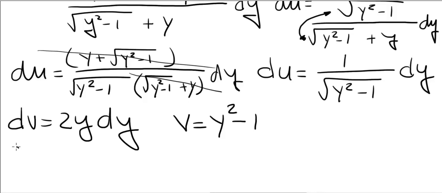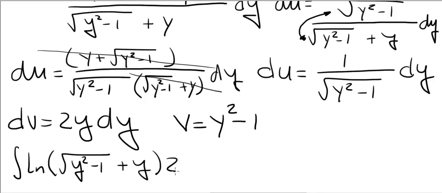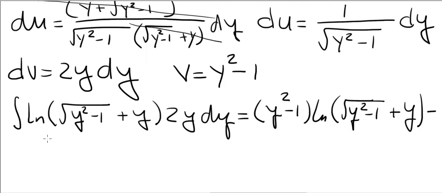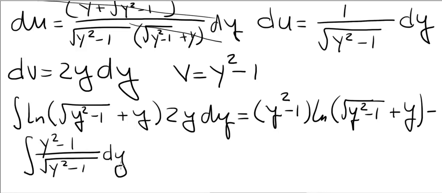So let's return to the original integral. It was the integral of natural log of square root y squared minus 1 plus y times 2y dy, and that's equal to u times v, y squared minus 1 times natural log of square root of y squared minus 1 plus y, and then minus the integral of v du, and by our selection of v, that integral is y squared minus 1 divided by square root of y squared minus 1 dy, and that of course simplifies to just square root of y squared minus 1.